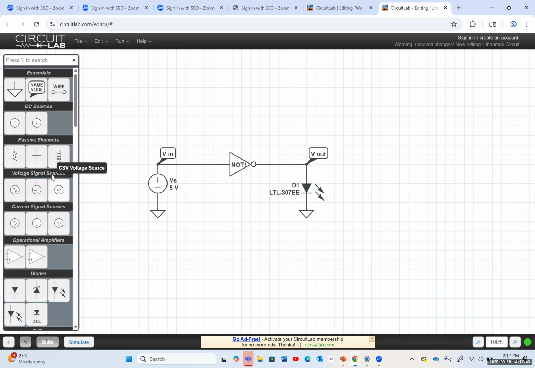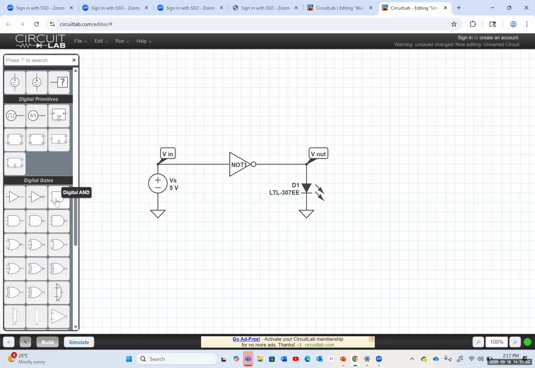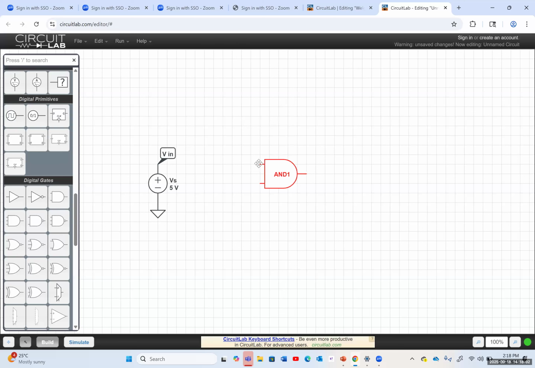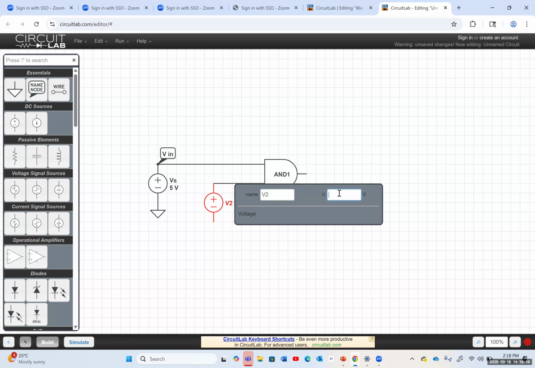Now, what I want you to do is go ahead and solve it for an AND gate. So simply add an AND gate here, connect it to one input, and then add another input here, and make this one, let's say, 0 volts.